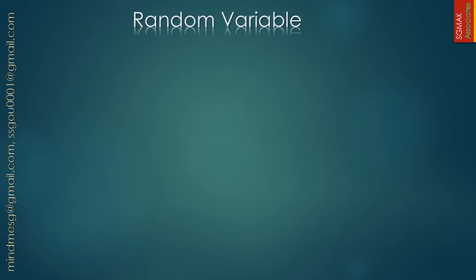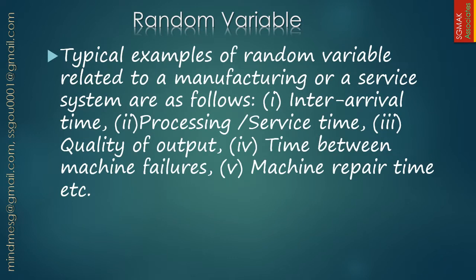Let us talk about random variable. Let me start with some examples of random variables related to a manufacturing or a service system. Interarrival time, processing time, quality of output, time between machine failure, and machine repair time.